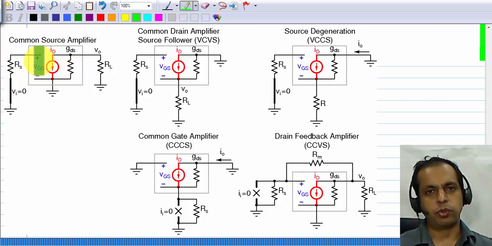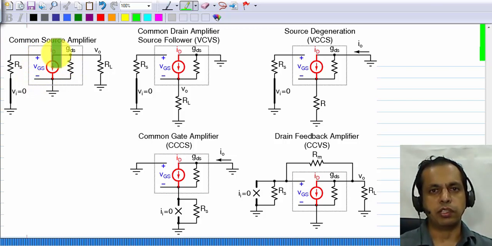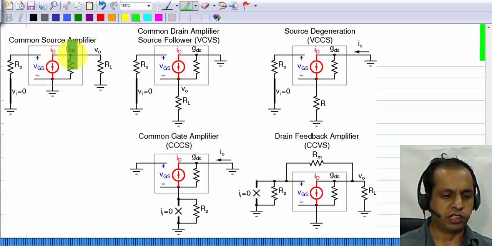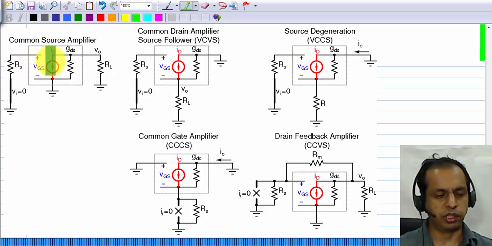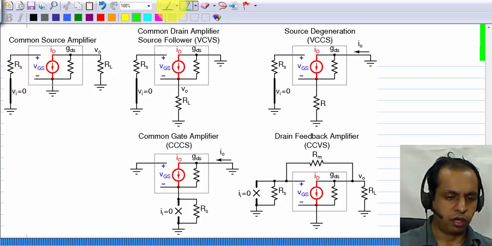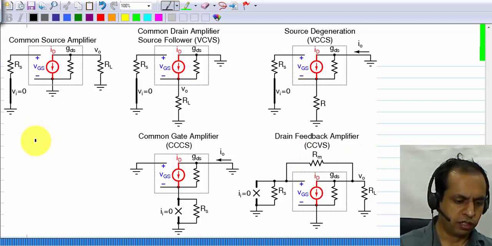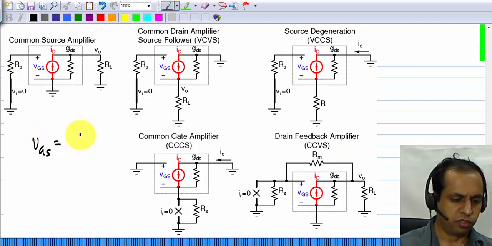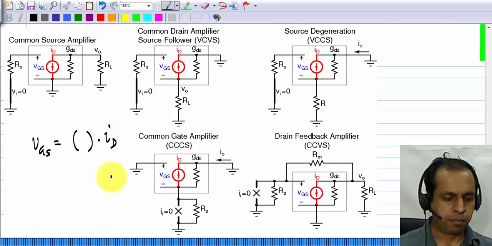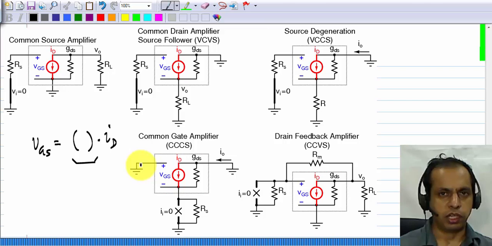If this gate source voltage happens to be non-zero, that means that there is feedback. Somehow a part of this ID is going through the circuit and is appearing as VGS. Now because these are all linear circuits, VGS will be of the form of something times ID. If this is not 0, there is feedback.